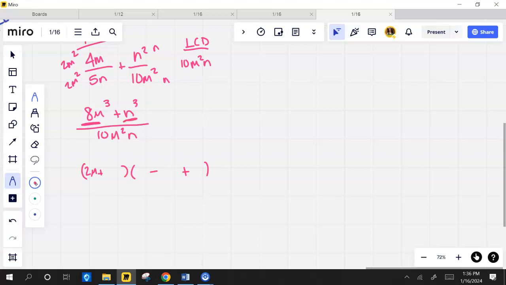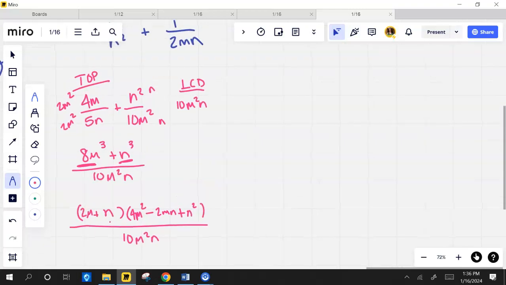What goes in the second spot? n. Now I use this to write the second trinomial there. So 2m squared would give you 4m squared. You square the first for the first spot, you square the last for the last spot, and then you put them together for the middle. There you go. And then everything is still over this.